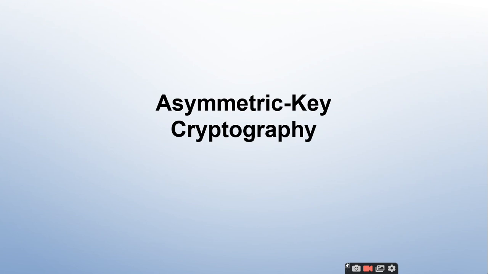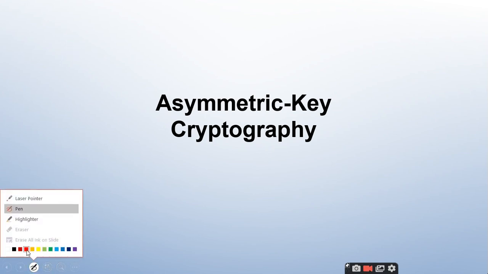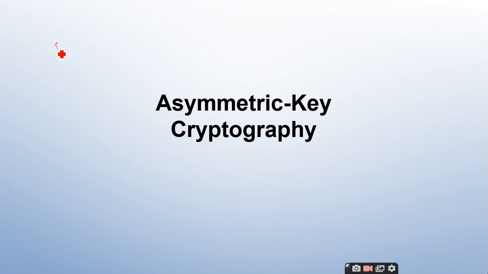Right. So can anybody tell me what do you mean by symmetric key cryptography? Symmetric key cryptography is that it uses the same key for encryption and decryption, sir. Super. Right.